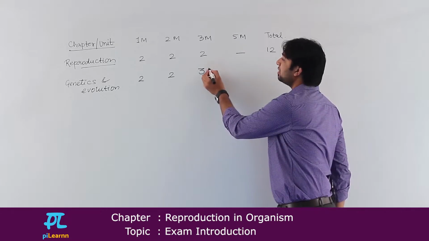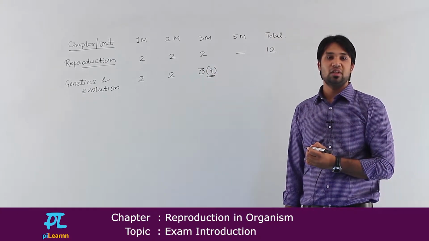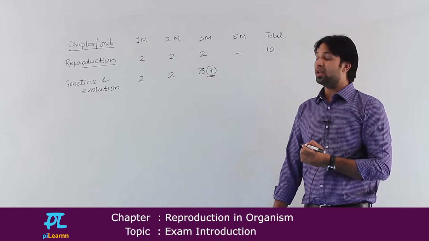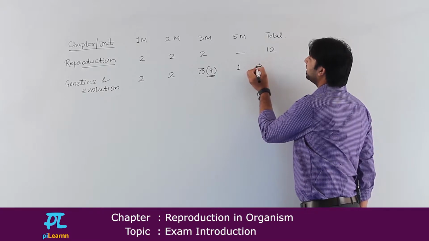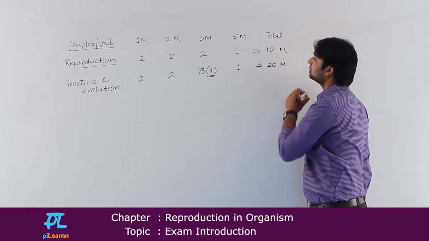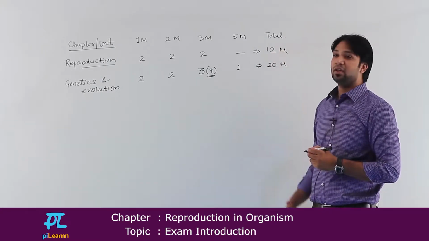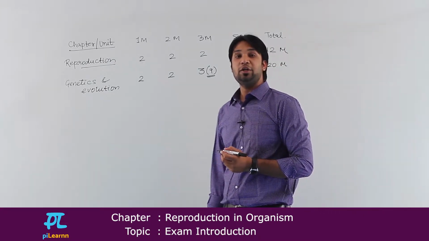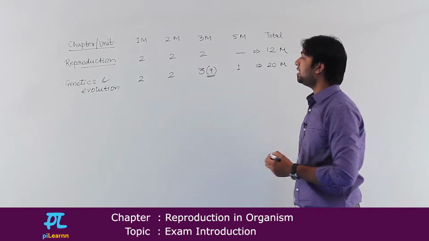So total 9 marks you will get from this part of genetics and evolution. And there will be one 5 mark question. So total you are getting here is 20 marks. In these 2 units itself, you are getting 20 plus 12, 32 marks.